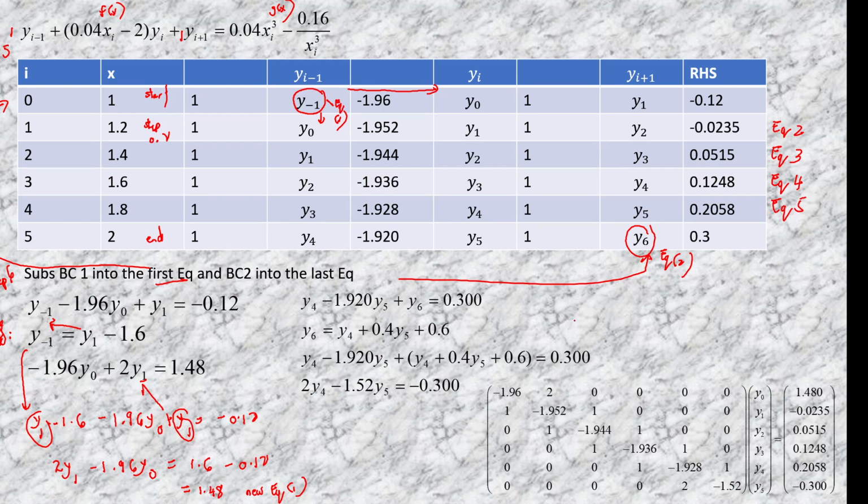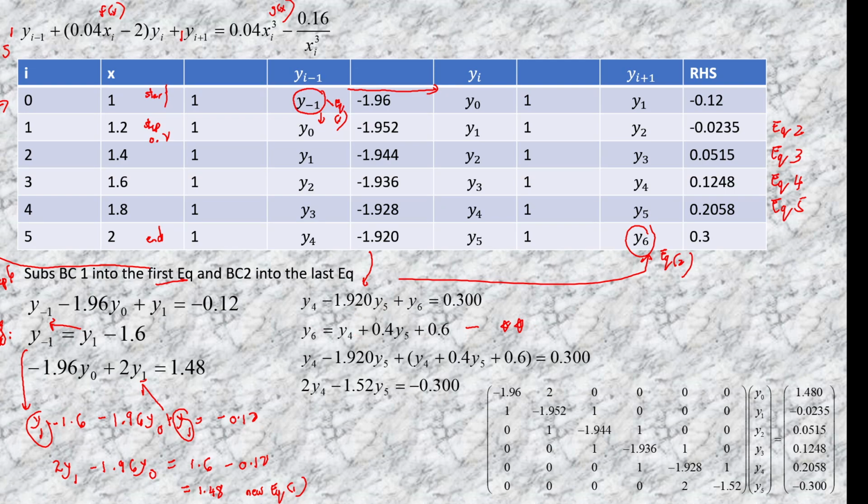Later on, after you plug in, from the original equation 6, from the last one here, you have 1 y4 minus 1.920 y5 plus y6 equal to 0.3. Y6 is the equation double star that you obtain in step number 3.